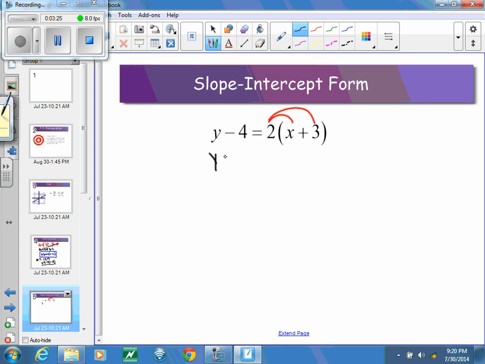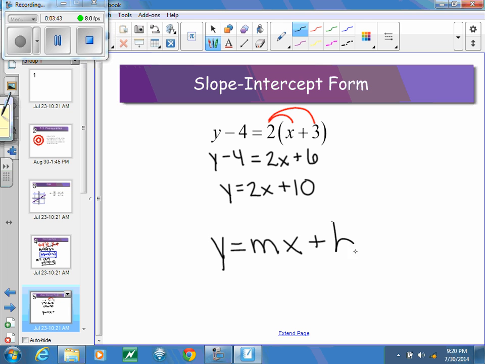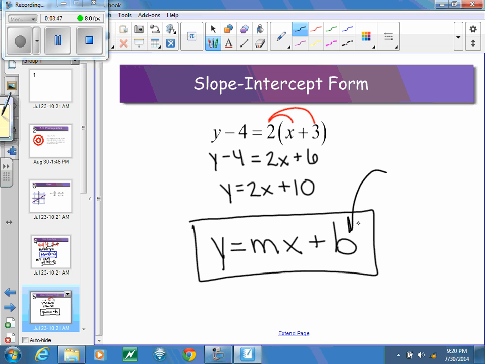So y minus 4 is equal to 2x plus 6. And then I can add 4 to both sides and get y is equal to 2x plus 10. And our slope intercept form is y is equal to mx plus b, where m is your slope and b, remember, that's your y-intercept.